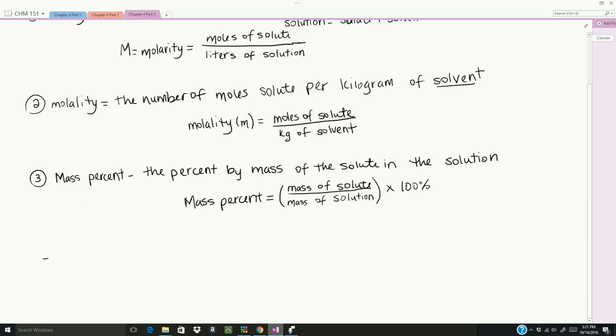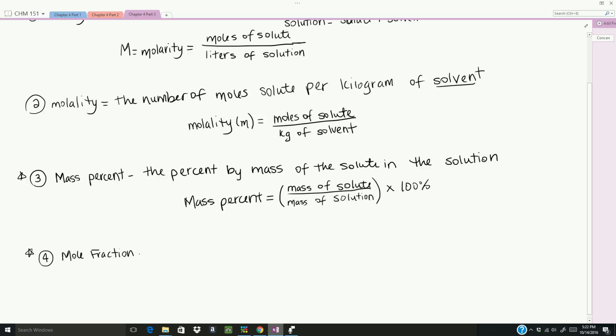And the last one that we're going to talk about for now is the mole fraction. These last two, 3 and 4, are probably used the least often. Mass percent is used fairly often if you're purchasing chemicals from a company. They also use volume percent, which we're not going to talk about right now, but we will in the future.